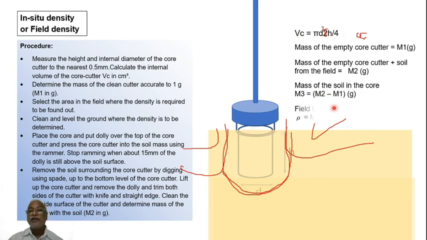Now if you take the ratio, the field density or field bulk density, represented by the letter rho, will be mass M3 divided by Vc, so many grams per cc. That is what the field density of the soil will be.